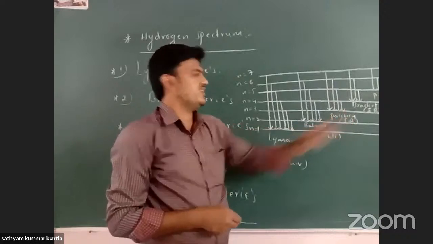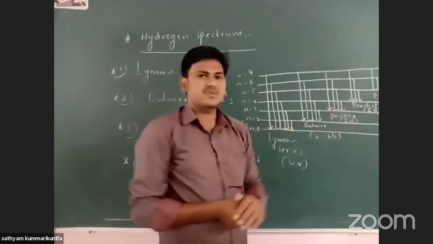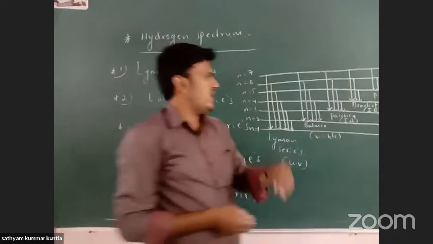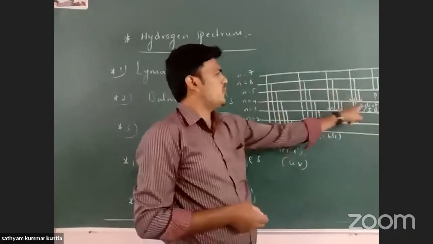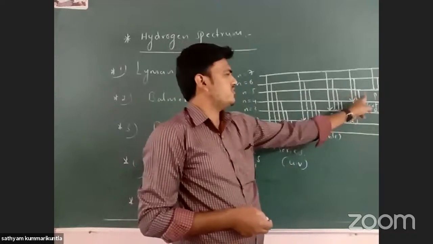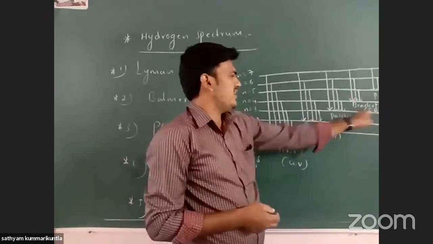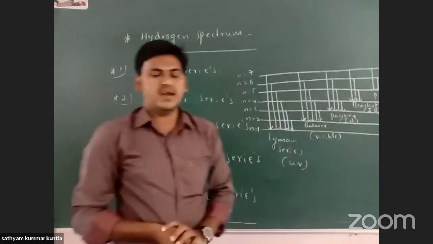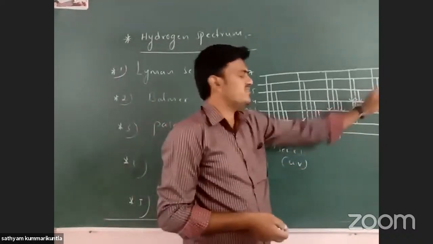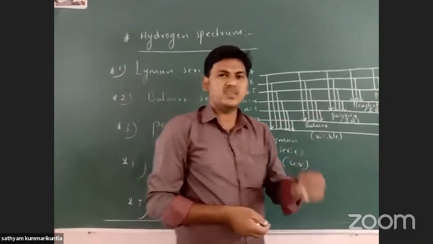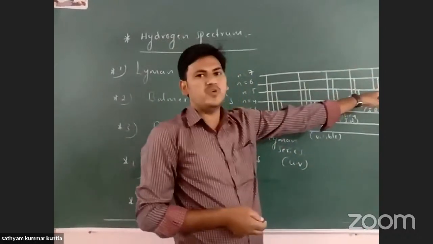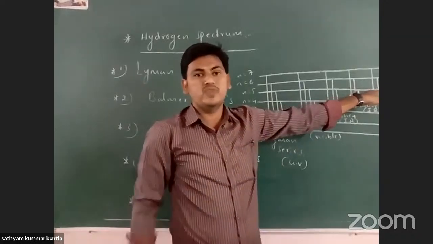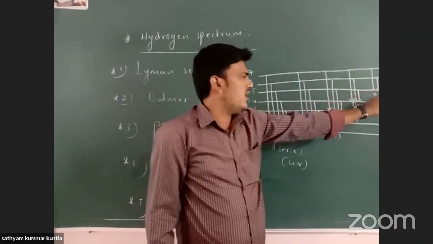Next one, Brackett series. The transition of an electron from any higher orbit level to n equals 4 produces spectral lines in the IR region, called Brackett series. And last one is Pfund series. The transition from any higher orbit level to n equals 5 produces spectral lines, called Pfund series.